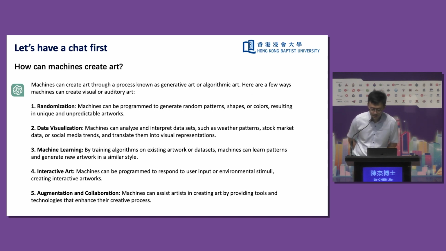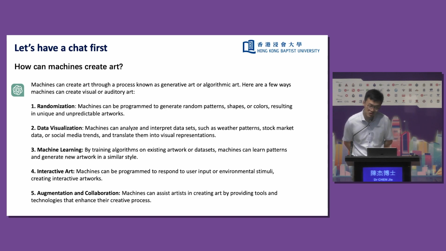Second, data visualization. Machines can analyze and interpret data sets, such as weather patterns. This is the Hong Kong Observatory, right? The beauty also lies in the pattern of how the rainstorms and the clouds move, and in data such as stock market data and social media trends, translated into visual representations.